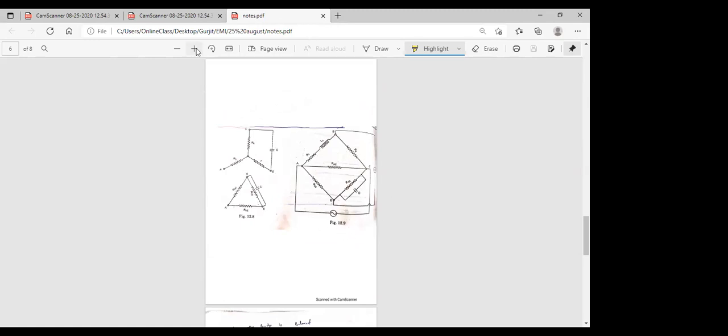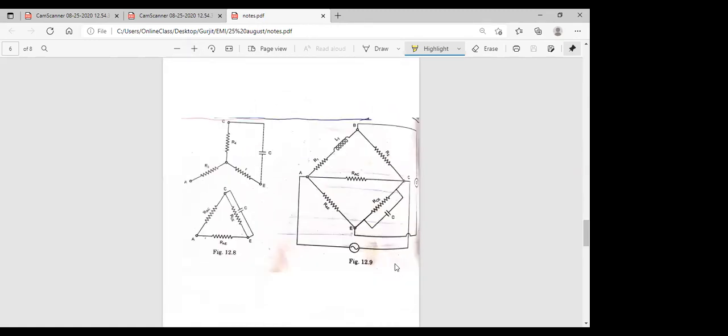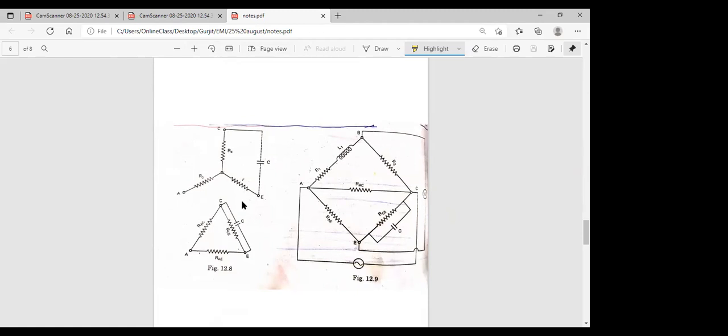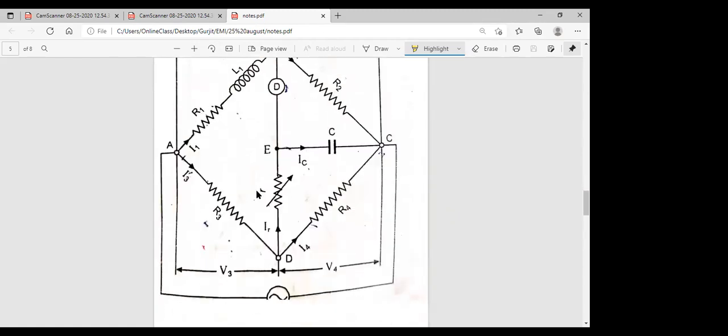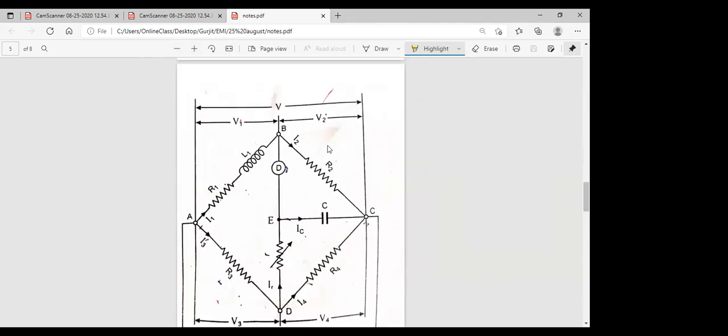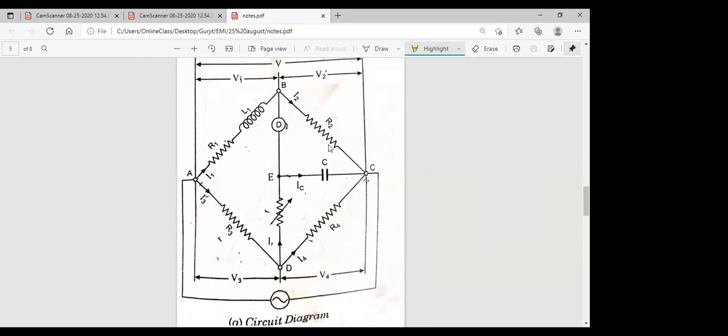Figure number 12.9 is the simplified diagram of the above diagram, and this is the star delta connection which we are using here. With the help of star delta connection, we are converting this diagram into the simplified diagram, that is the Maxwell inductance capacitance bridge.